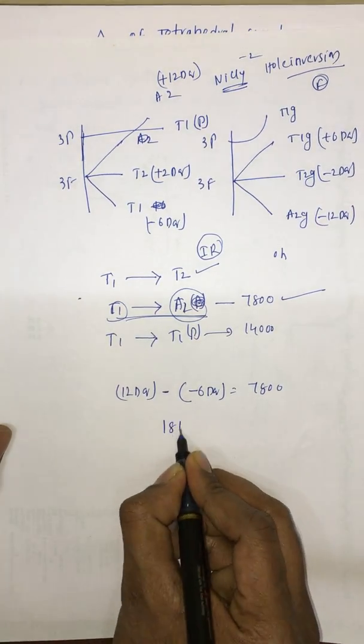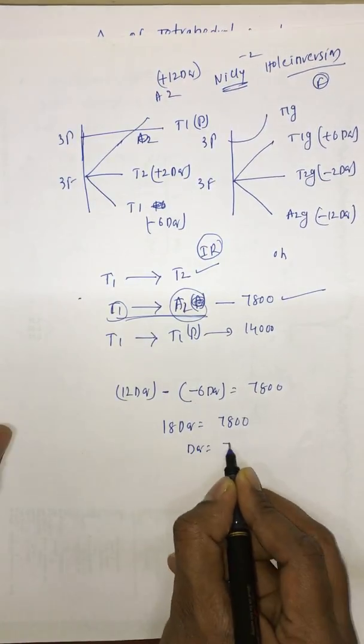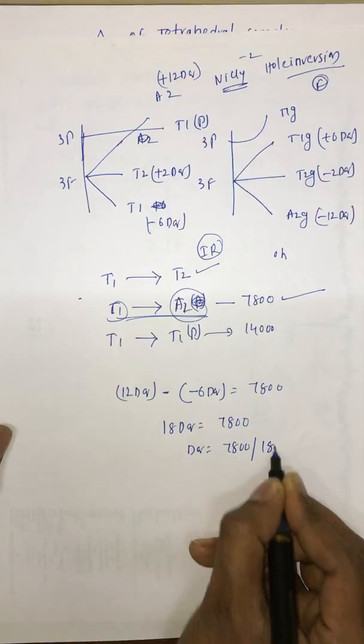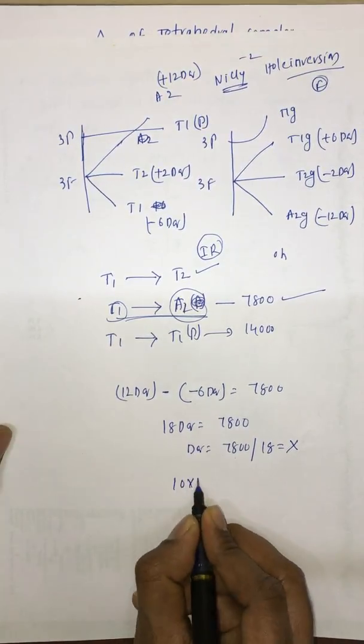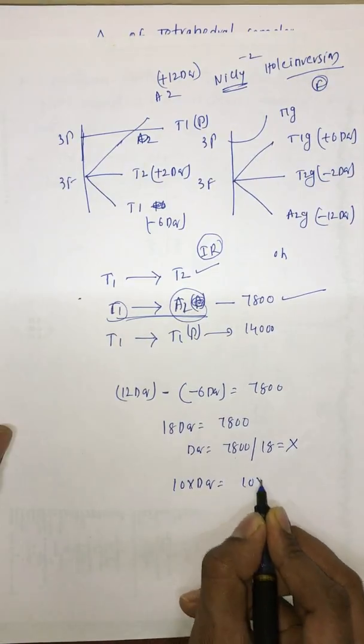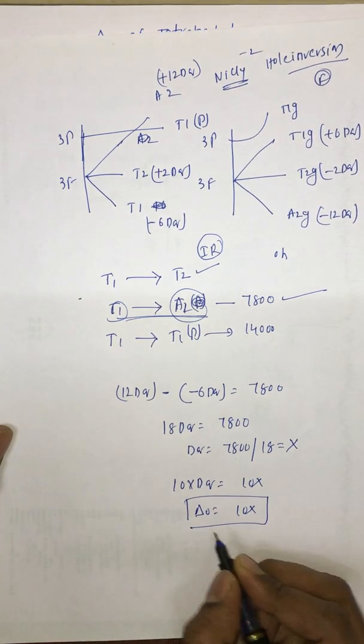This will be 18 dq, 7,800, so dq will be 7,800 by 18. Some x will come; just multiply both sides by 10. So delta knot will be 10x. This is the answer.